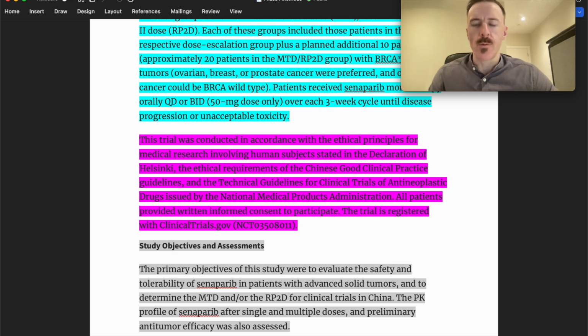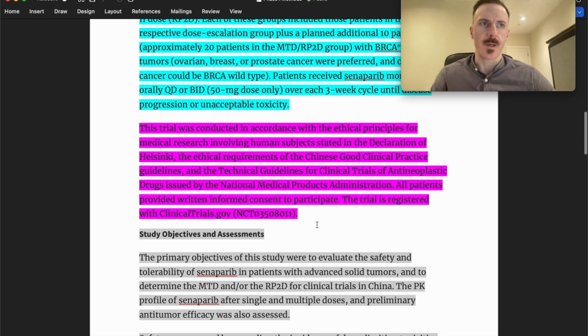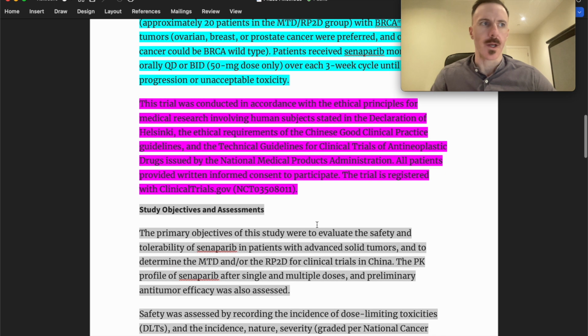So if anyone is interested in learning more about these different types of guidelines, do leave a note in the comments. We see that all participating patients provided informed consent. The NCT number is reported. Okay, this is nicely summarized in a succinct paragraph.